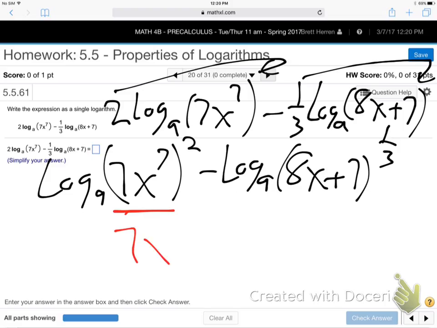So 7x to the 14th? Oh, added? Should be 9, you mean? No, multiply? It's inside the parentheses. So log base a, 7x to the 14th? No, because that leaves out the 7 and the x. What do we do with the 7?